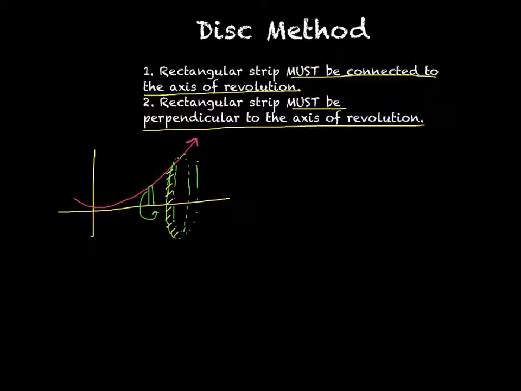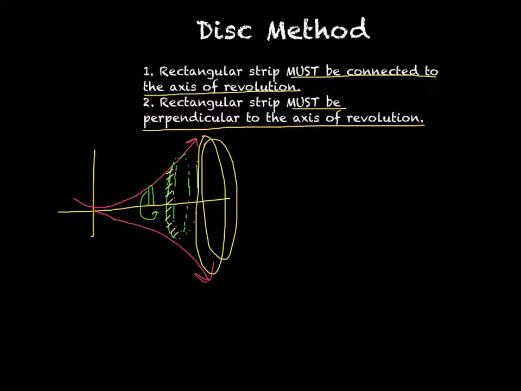Actually, that's not a good representation. Let me go back and do that again. So there we go. You're going to rotate around the x-axis, and it's going to create some sort of cylinder. And that's the shape that you're going to have.